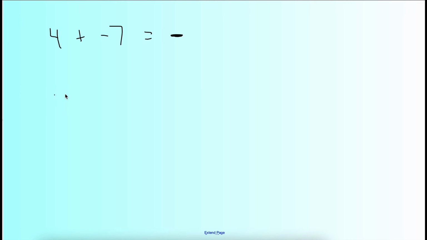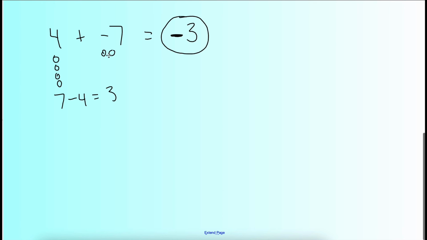Well, just find the difference between the two. 7 minus 4 is 3. So there's 3 left over after these two things do battle, so to speak, and they're going to be negative ones. And if you're a visual person, just think, all right, I got 1, 2, 3, 4 positives. 1, 2, 3, 4, 5, 6, 7. So 4, 4, they're going to cancel out, and there's 3 left over for the negatives, negative 3.